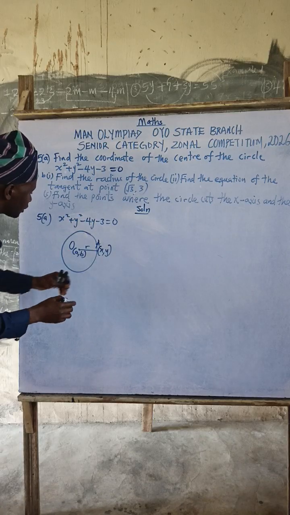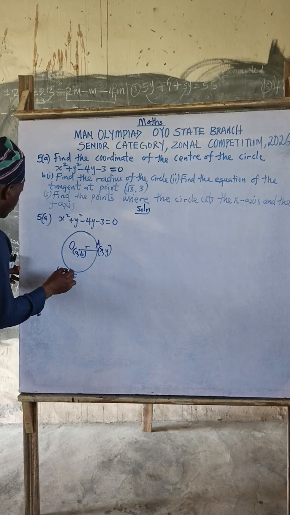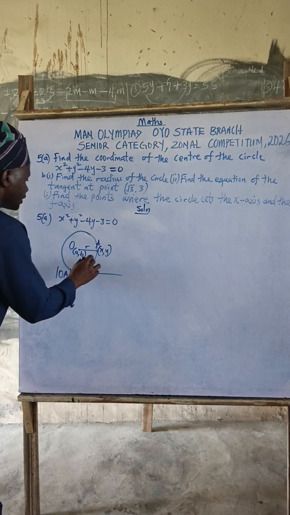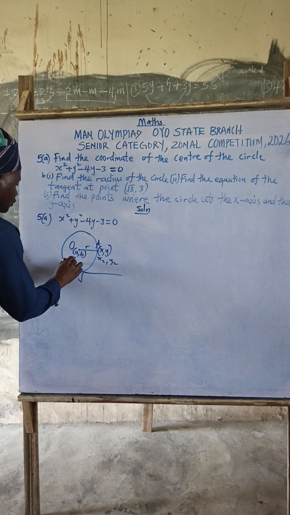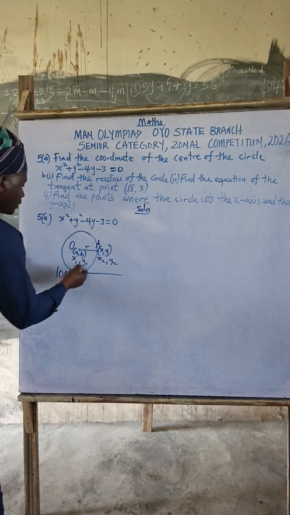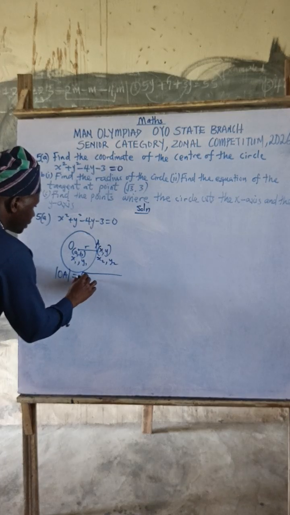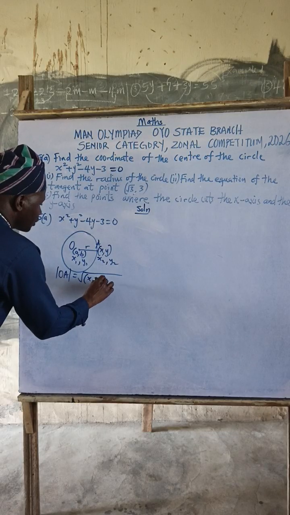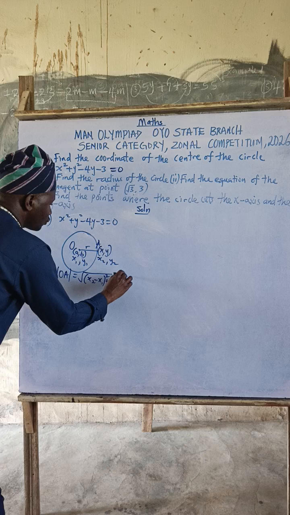Now, the distance OA equals the square root of, take this one to be (x2, y2) and this to be (x1, y1). So the formula is x2 minus x1 raised to power 2 plus y2 minus y1 raised to power 2.